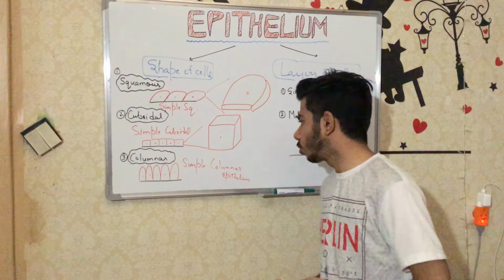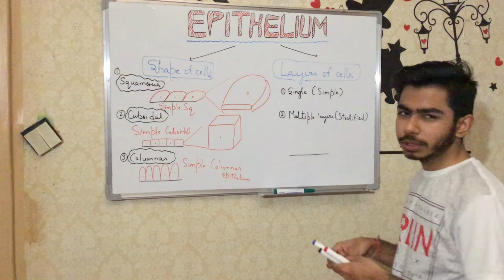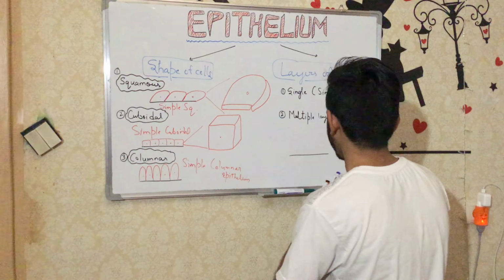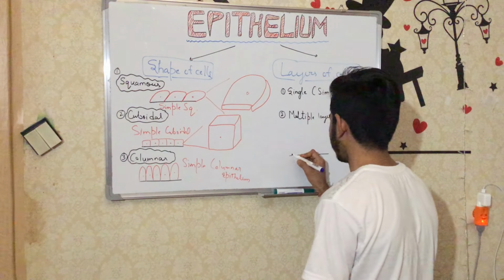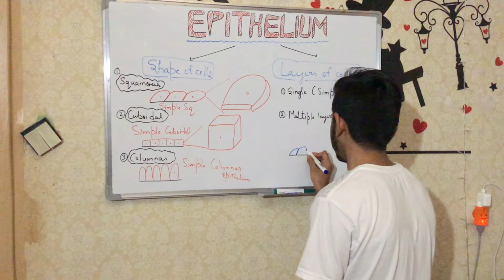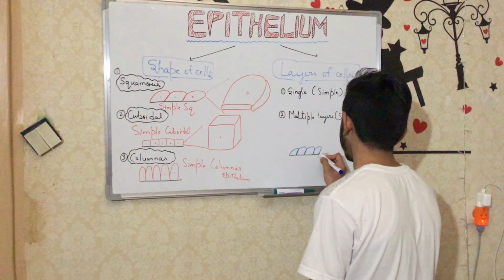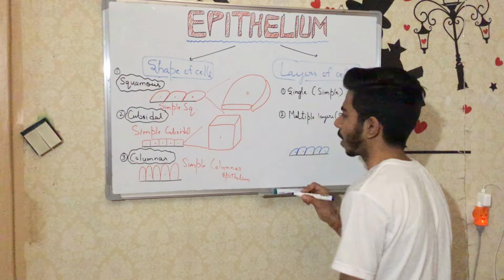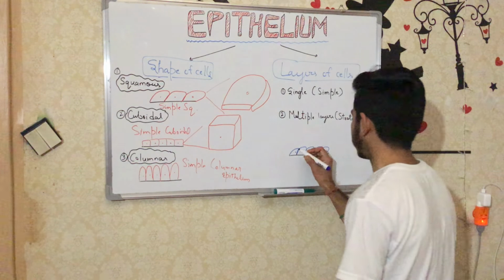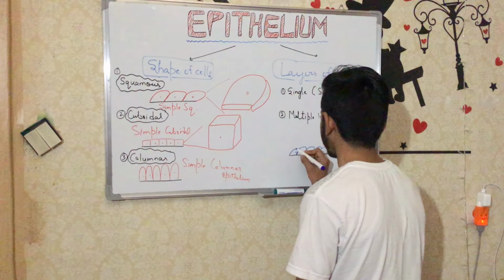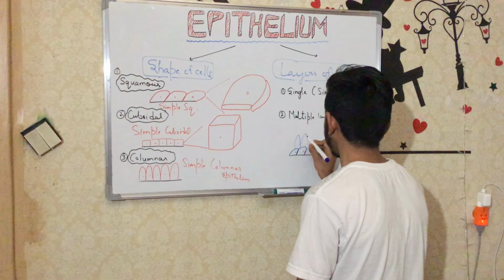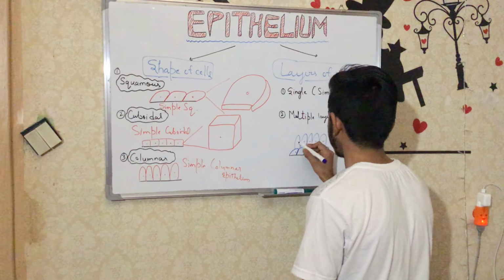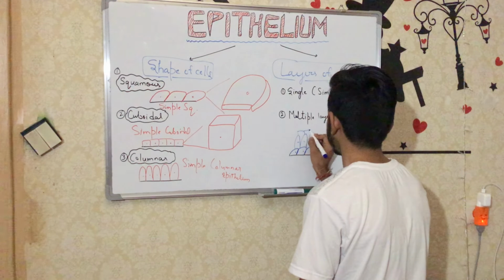So, for example, this is the basement membrane, and here I have drawn some flat cells, or you can say squamous ones. Here I have drawn some tall, columnar cells.